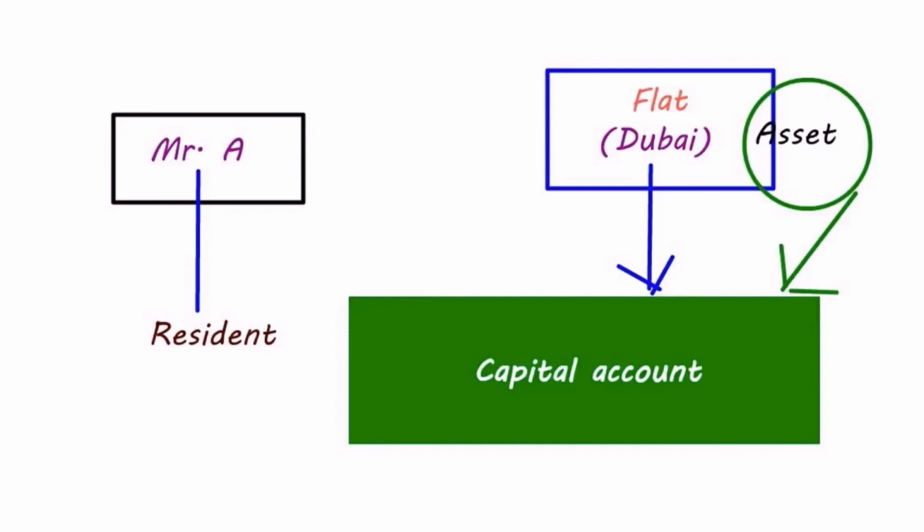Now, Mr. A purchasing a flat in Dubai will alter his assets and liabilities in India. He is buying a flat, so his assets and liabilities will get affected. A flat is an asset, so that's why I have highlighted it as asset. Now this transaction I will term as a capital account transaction. What did I say? Alters both assets as well as liabilities.